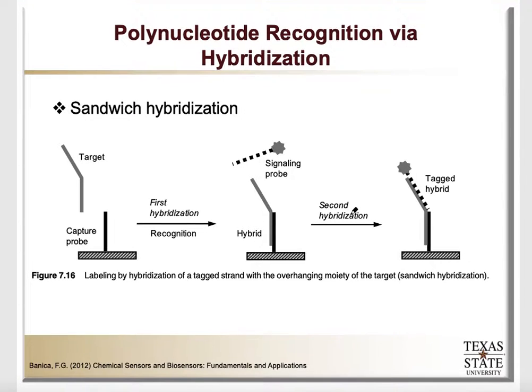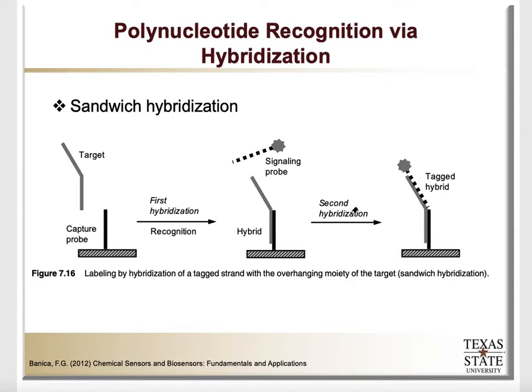Another kind of setup that you can utilize is the sandwich hybridization method, similar to the sandwich immunoassay that we described for antibodies. But in this particular case, you're going to have a capture probe that is attached to your transducing surface. We then add our target nucleic acid, but in this case, there's not full complementarity. There's just partial complementarity to that capture probe. And then we add a signaling probe, which is another nucleic acid sequence that is already labeled in some way, let's say with a fluorescent molecule.